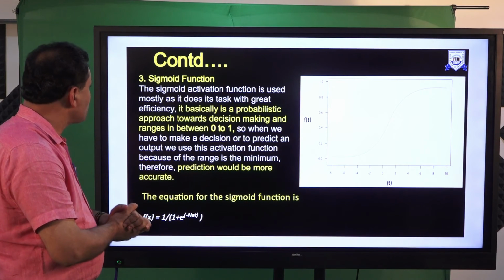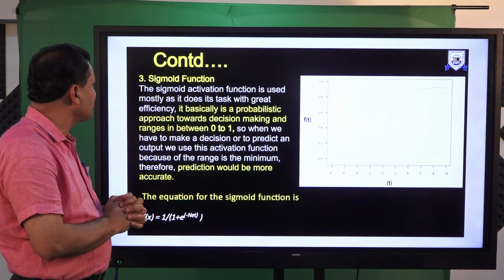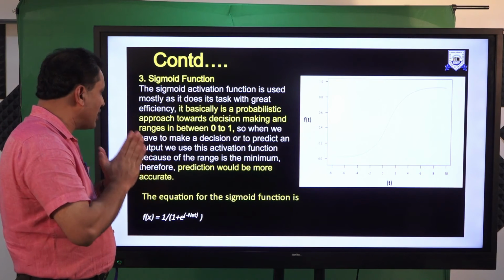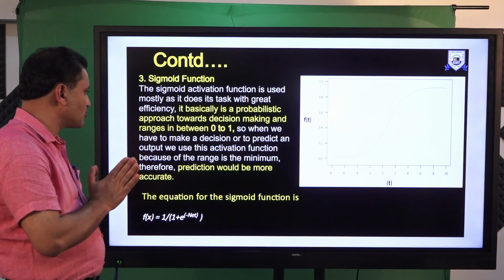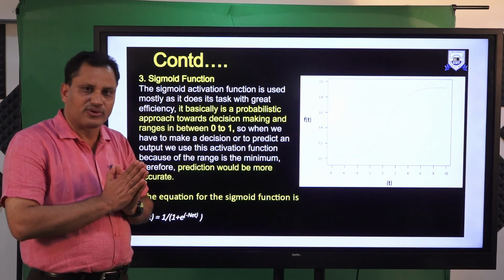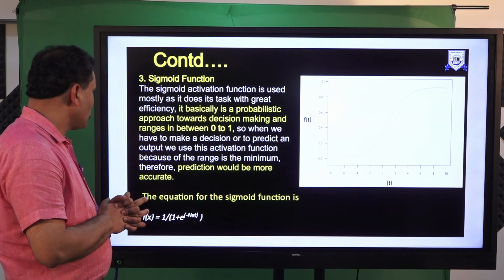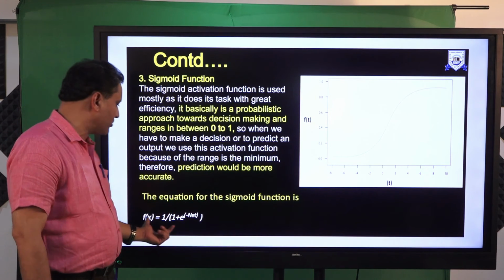Okay, dear students, the third type of activation function is the sigmoid function. The role of the sigmoid function is to help us take decisions in a probabilistic approach. When I say probabilistic approach, probability always varies between 0 and 1. The equation of the sigmoid function is this one.